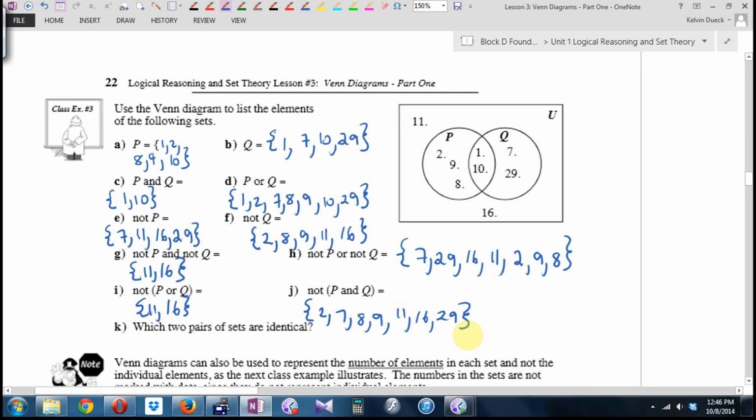Which ones are identical? Well, any other ones identical? Maybe. 2, 2. Okay. 2, 2, 7, 7, 8, 9, 11.